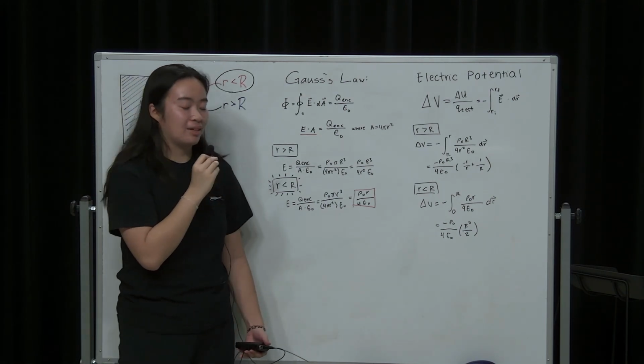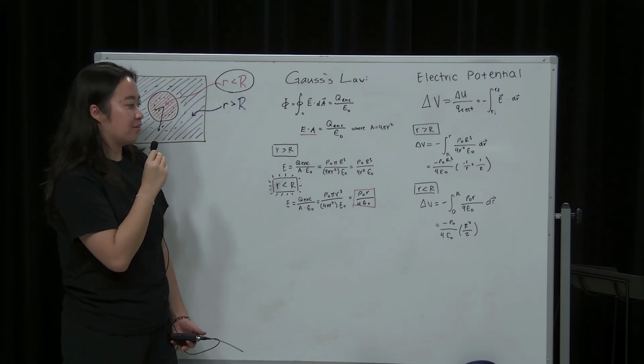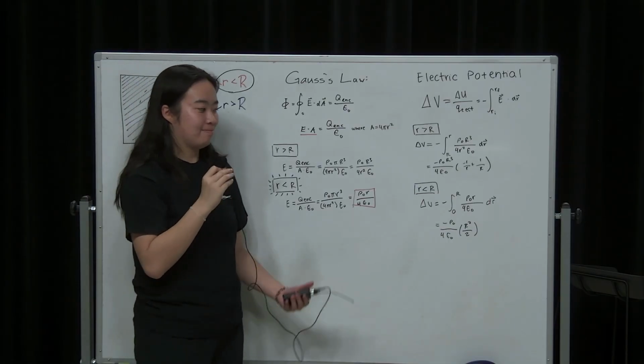So those are the electric potentials at the different ranges of r values.